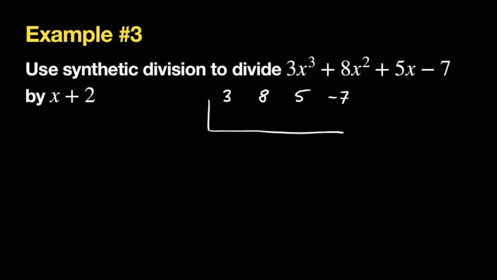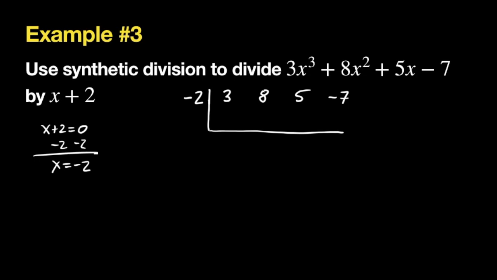The number that we're going to have outside is going to be determined by what we're dividing. So in this case, we have x plus 2. So x plus 2, we're going to make that equal to 0. So subtract 2 from each side, we get x is equal to -2. Because x is -2, we're going to put that outside. So we're changing the sign of whatever we're dividing by.